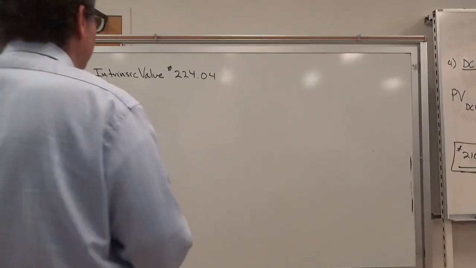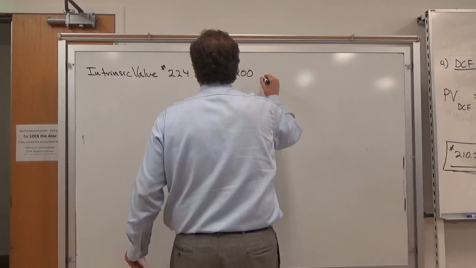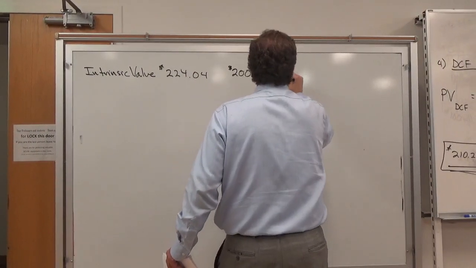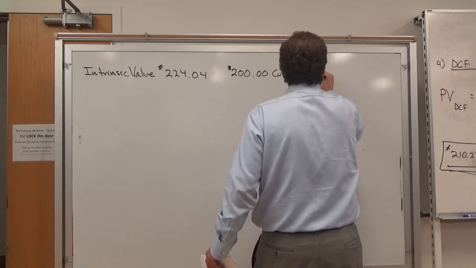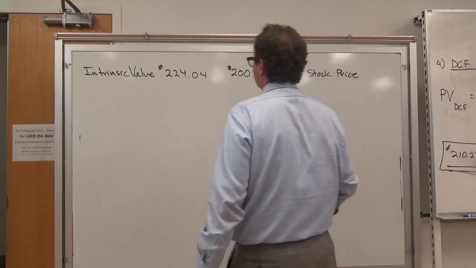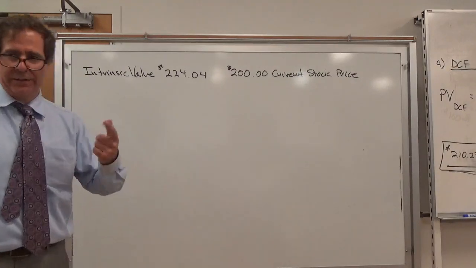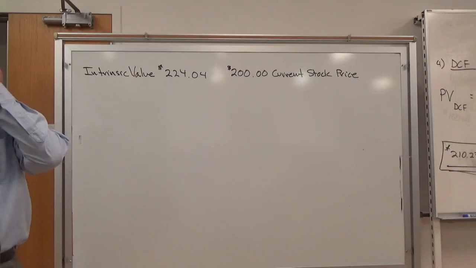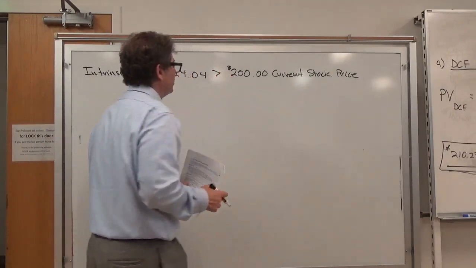It's 200. Current stock price. Got it. And is the intrinsic value greater than or less than or equal to the current stock price? It's greater. Got it. We're going to buy calls, right?